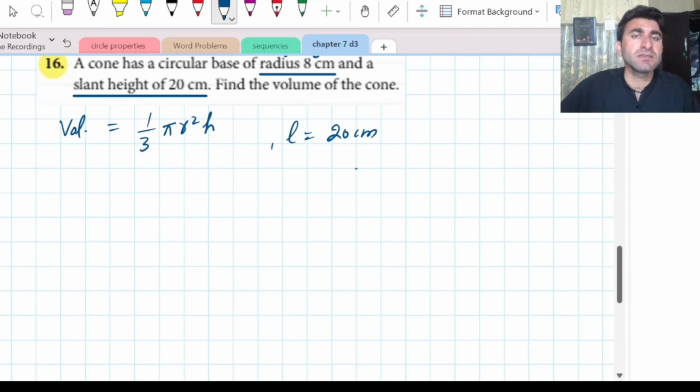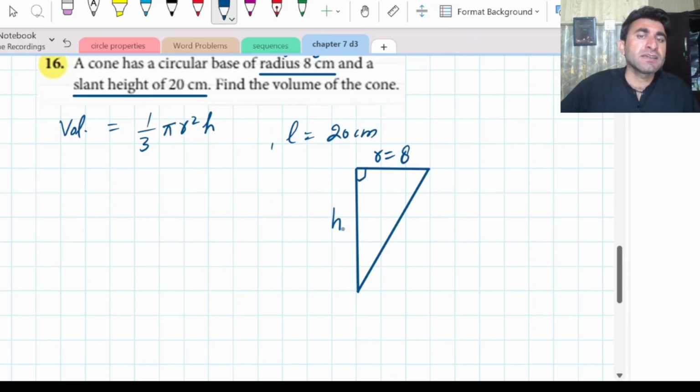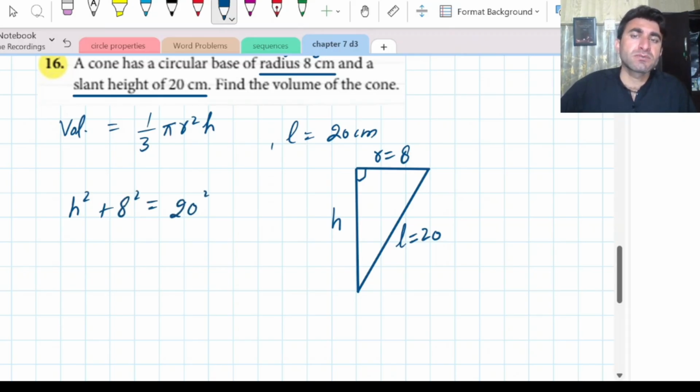We remember that if this is the radius and this is the vertical height, then here is the slant height, and they form a right triangle. This one is the radius 8, the vertical height h is unknown, and the slant height L is given as 20. So again apply the Pythagorean theorem: h square plus 8 square equals 20 square.